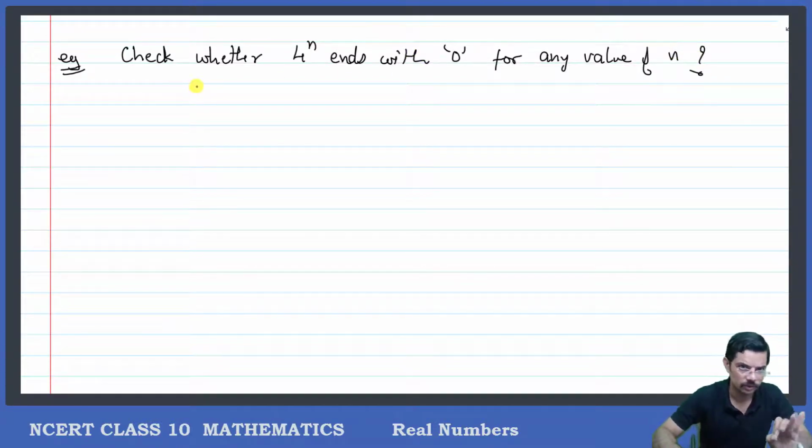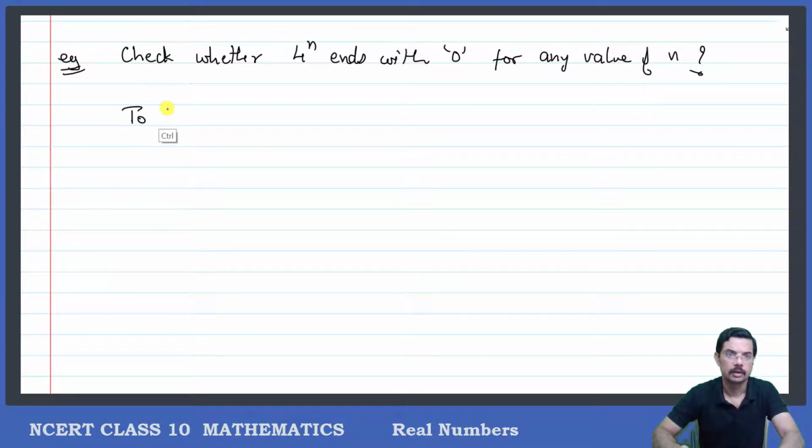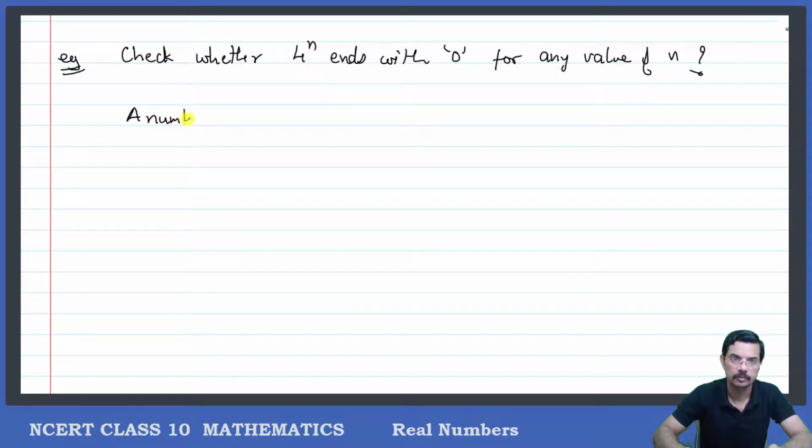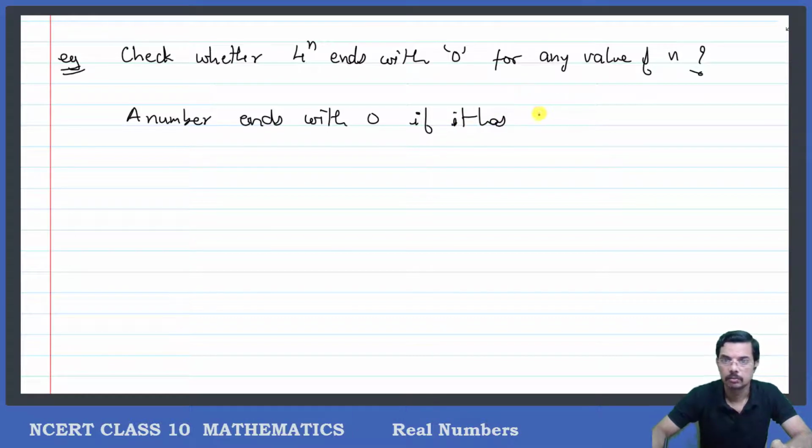What are we going to do? See, to end with 0, the basic concept, what is the concept? A number ends with 0 if it has both 2 and 5 as factors.